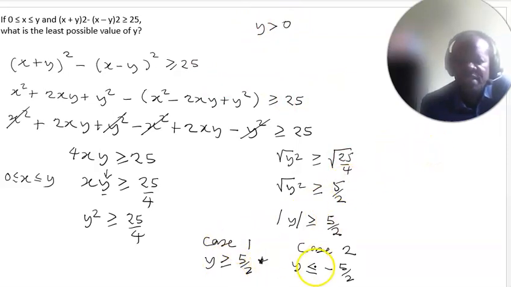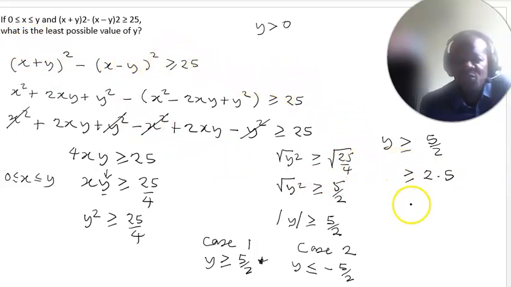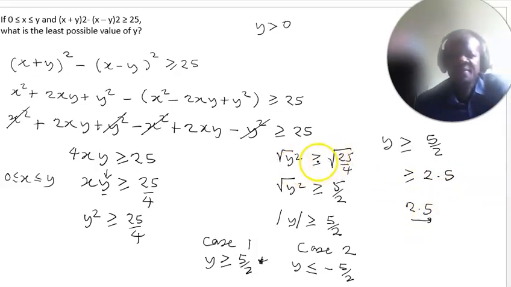So we take this and discard this other part. So that means y is greater than or equal to 5 over 2, or y is greater than or equal to 2.5. Now, the question says, what is the least possible value of y? So from this information, we know that if y is greater than or equal to 2.5, the least possible value of y is 2.5. So that becomes our answer.